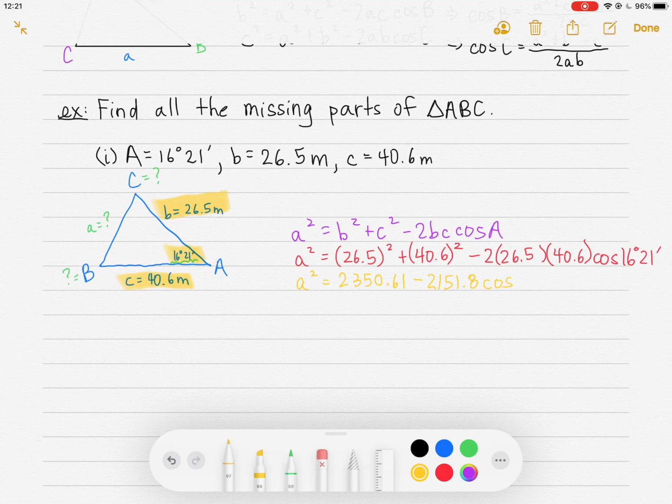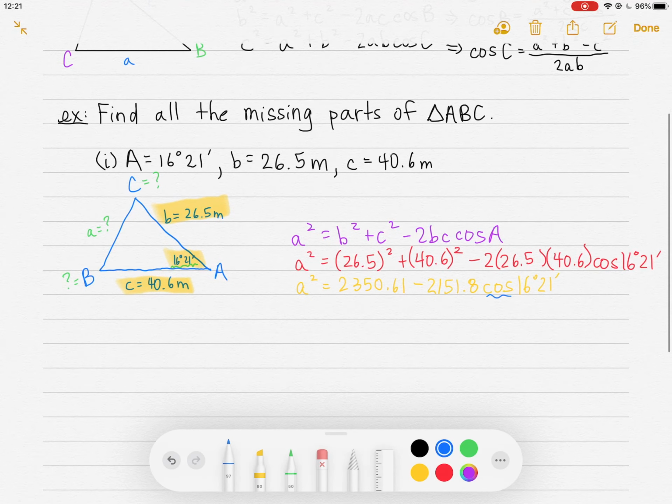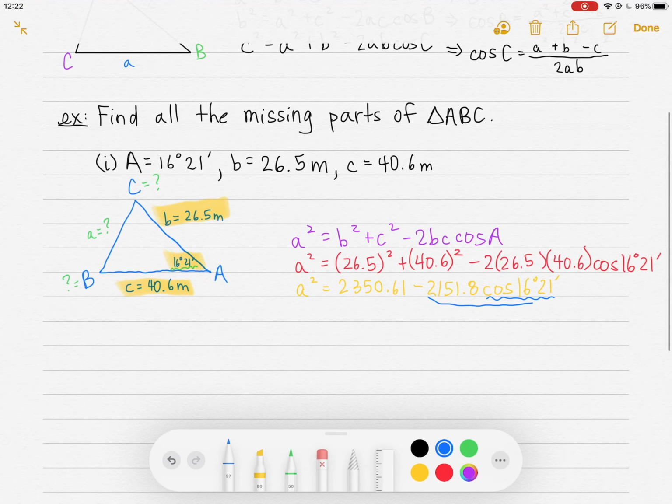That has a cosine of 16 degrees, 21 minutes attached to it. Now, this is actually as simplified as I can get right now, because cosine of 16 degrees, 21 minutes is some yucky decimal number. Order of operations says that we need to multiply here before we subtract, so you cannot subtract those front numbers even if you're tempted to.